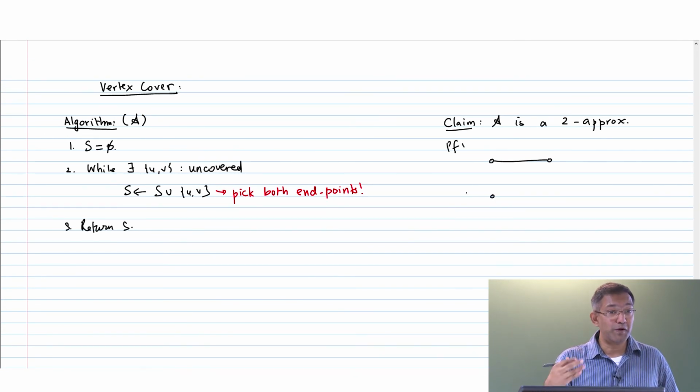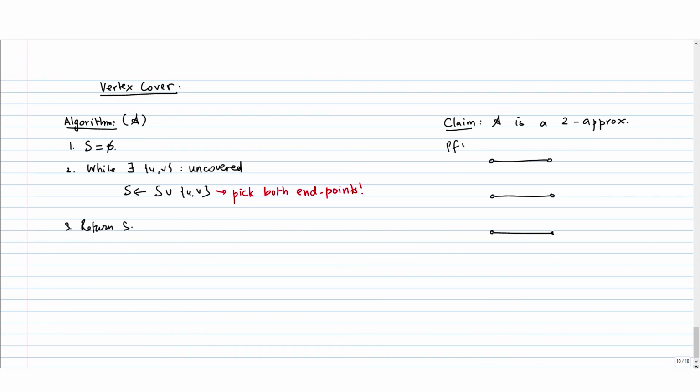I am going to sketch the proof, and you can try it out later. Suppose the graph had k disjoint edges, edges that do not share a vertex.